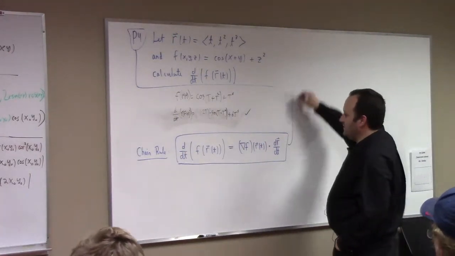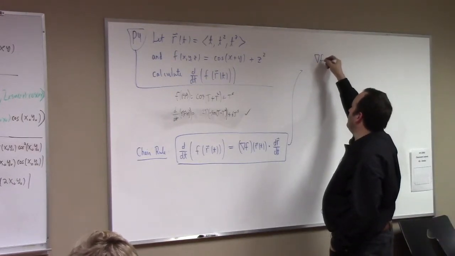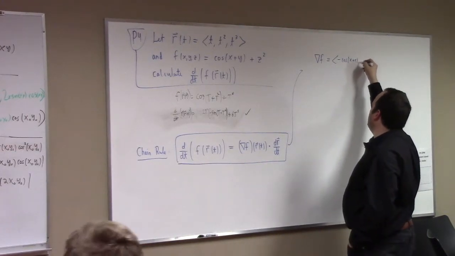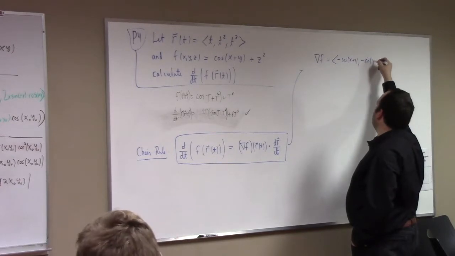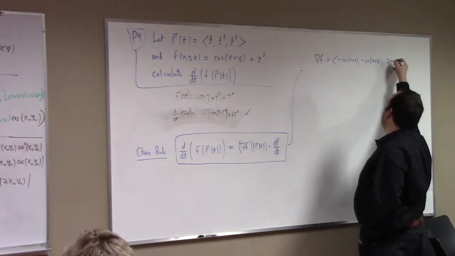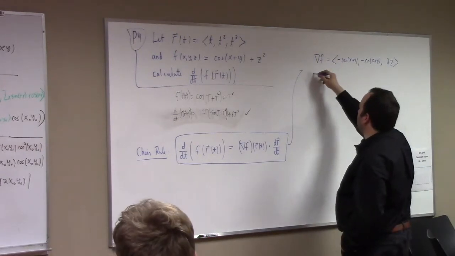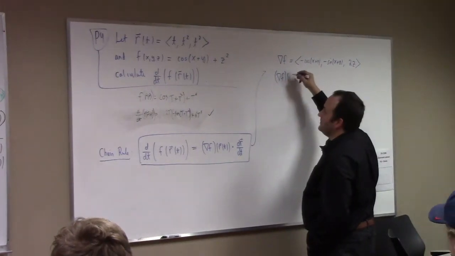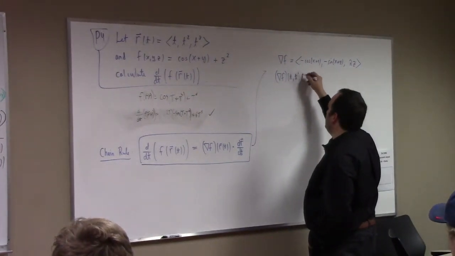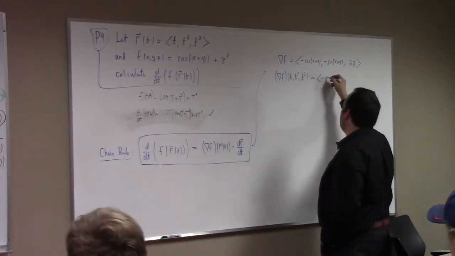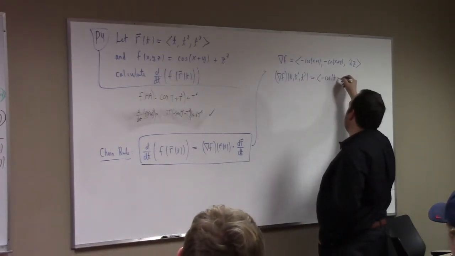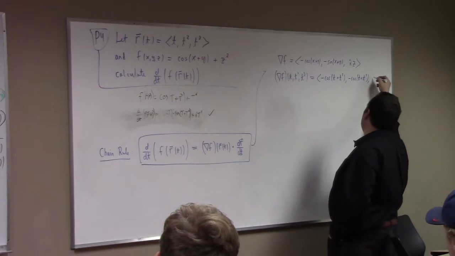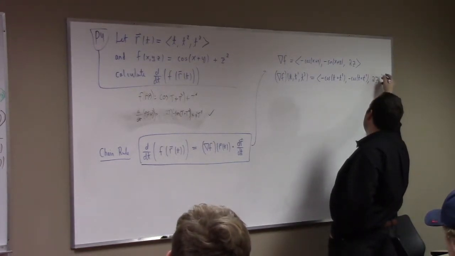So to illustrate this for this problem, the gradient of f was what? We got minus cosine of x plus y, minus the sine of x plus y, 2z. And so the gradient of f evaluated at r of t, which was t, t squared, t cubed, would be minus cosine of t plus t squared, minus cosine of t plus t squared, and 2t cubed.